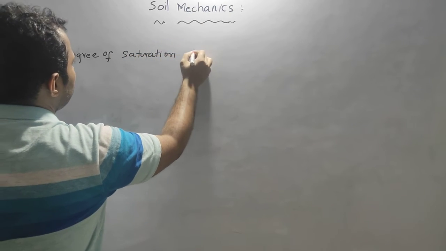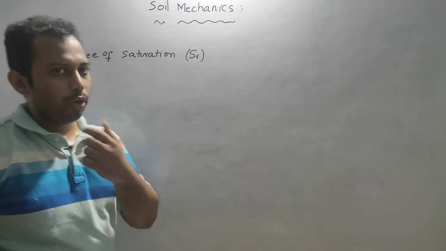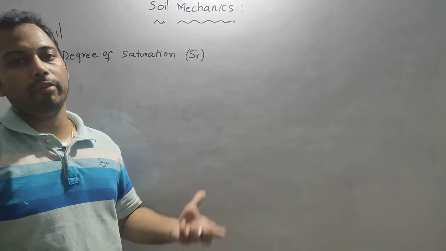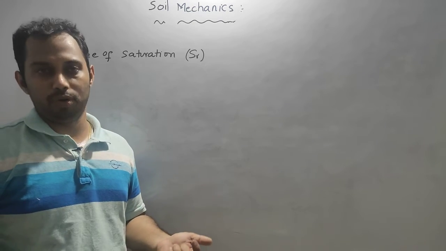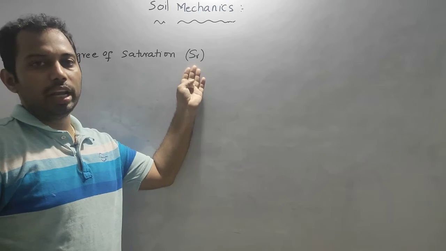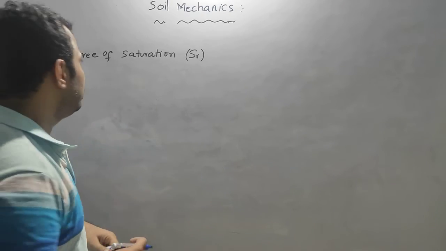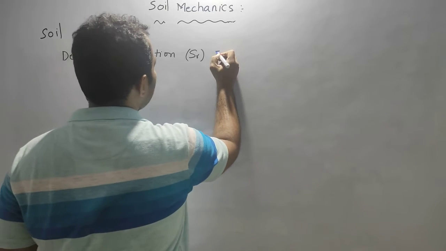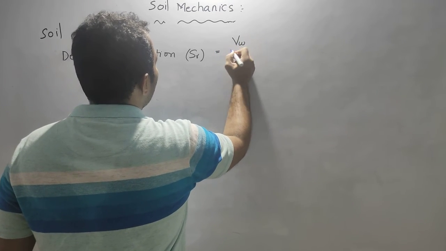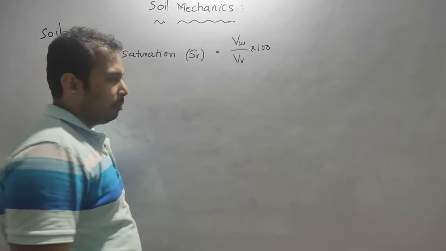See, whatever notations I am representing are my notations. In different textbooks there are different notations. In some textbooks they denote it as S, but I am denoting it as Sr. It is my notation, you can change your notation as per your convenience. So degree of saturation is nothing but volume of water by volume of voids into 100.